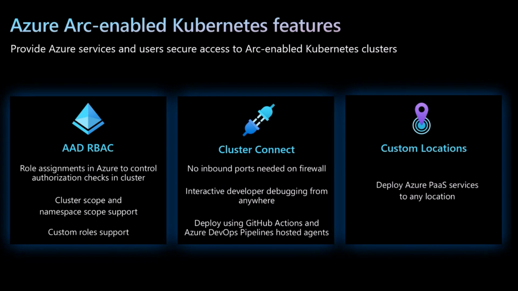I can have my Flux controller deployed on that particular Kubernetes cluster, and it can take care of fetching the latest source code or latest configuration from the source code repository and get it deployed on one or more clusters at the same time. And the third capability, custom locations, as I mentioned.